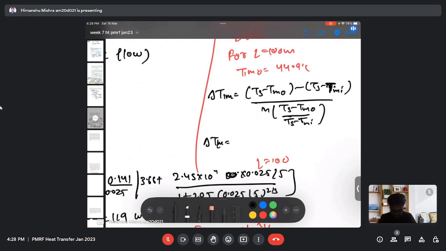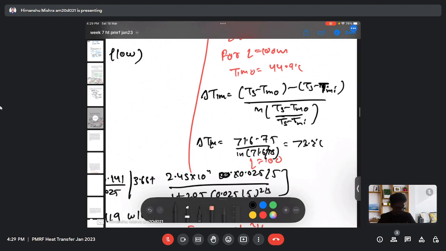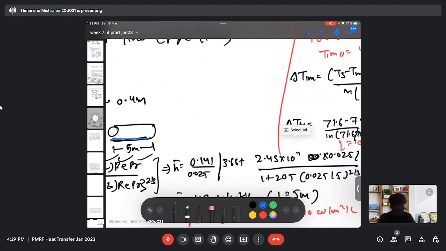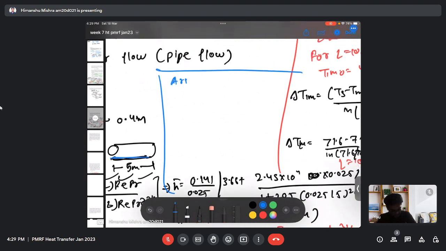So on putting the values here, we will get my log mean temperature difference is 73.6, and my arithmetic temperature difference is given by just an average.